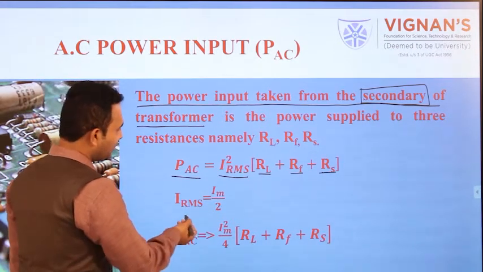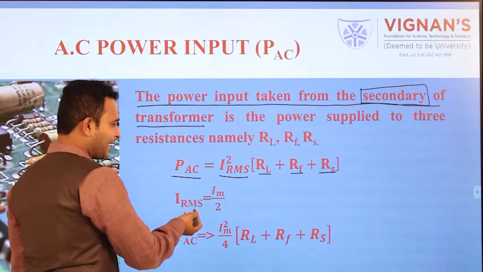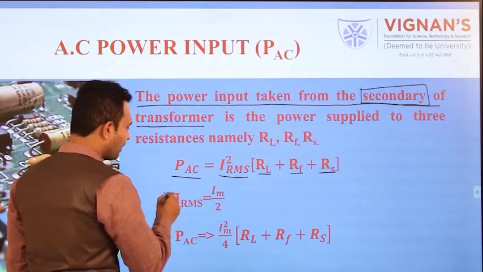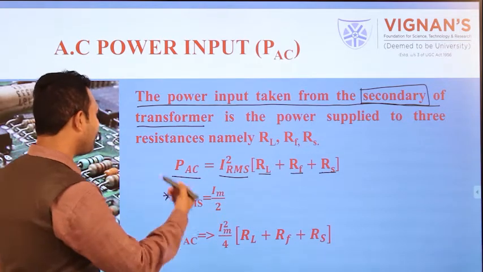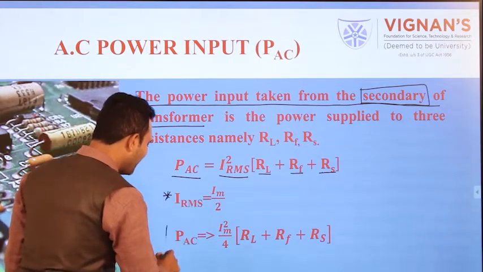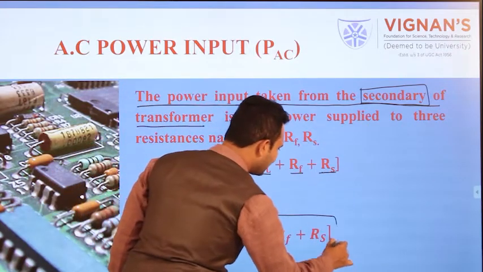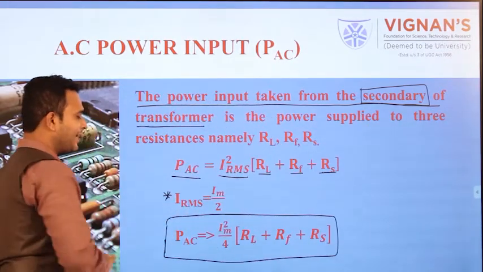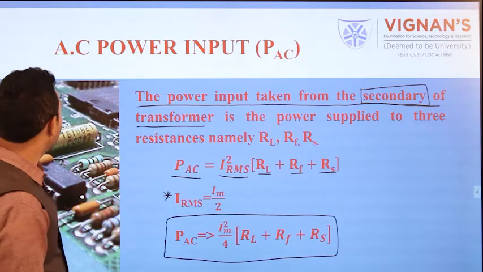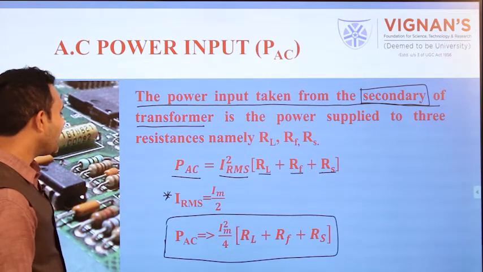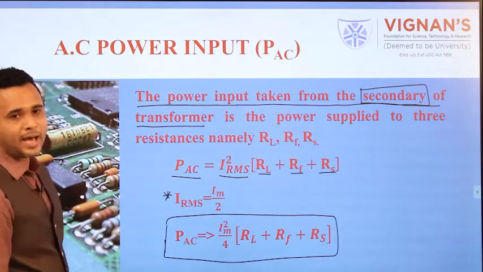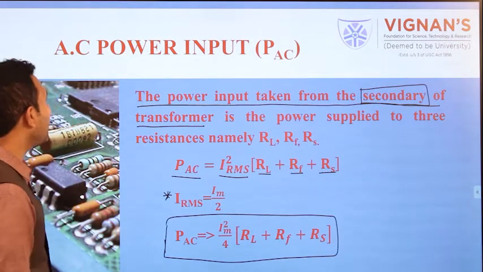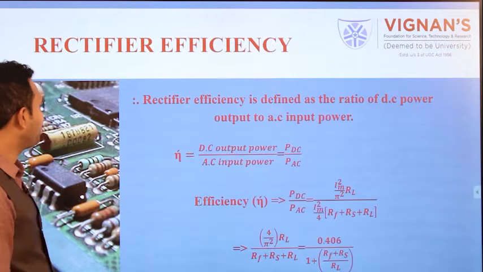We know what IRMS is. IRMS is equal to Im by 2. So we are substituting the same thing here, and finally we are getting the PAC value. So AC power is equal to Im square by 4 into (RL plus RF plus RS), right? This is the AC power input.